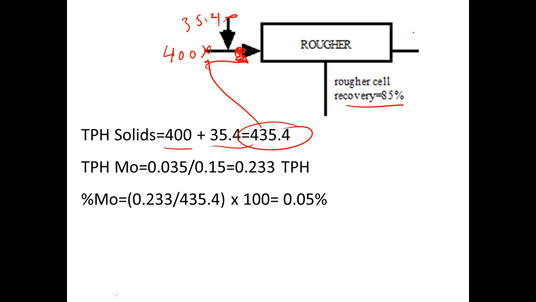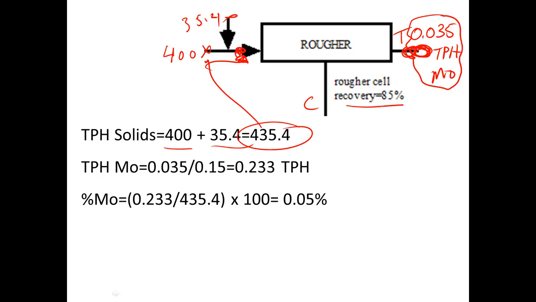Now, we'd calculated the scavenger feed, which is also the rougher tailing, earlier, and we calculated that there's 0.035 ton per hour molybdenum in that stream.